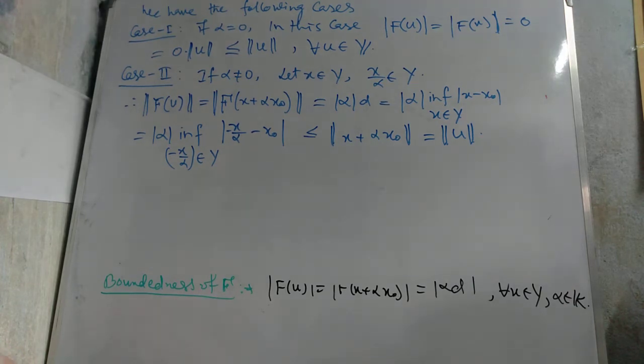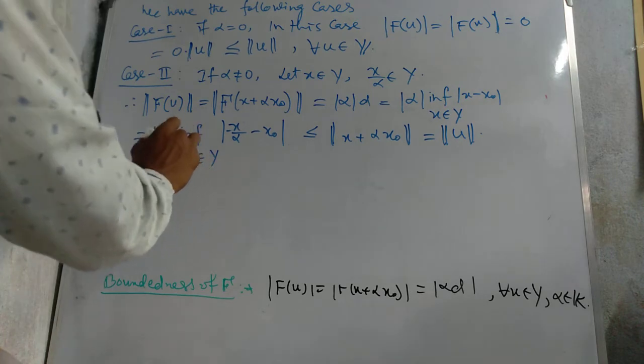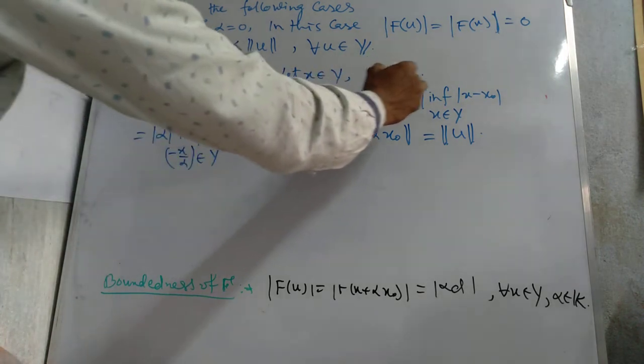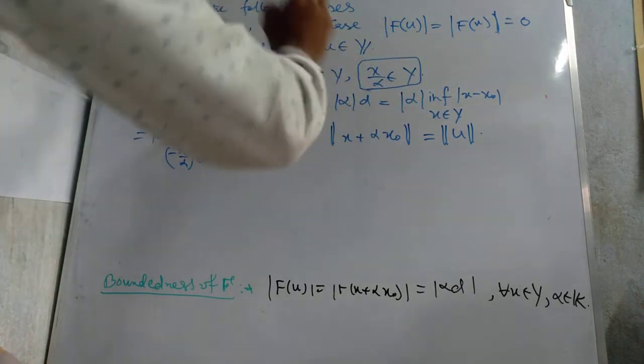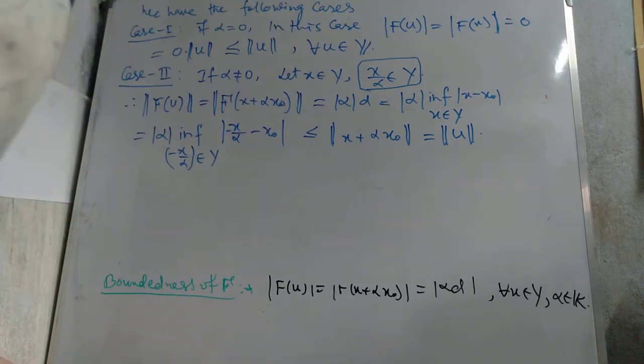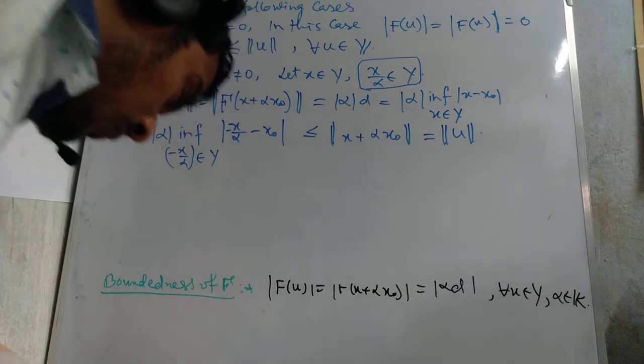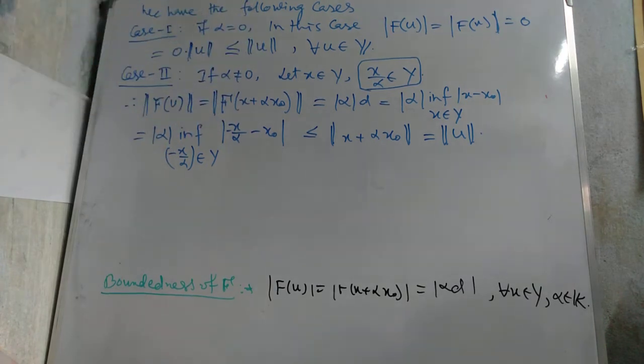In respect to x, we put x multiplied by alpha. Since x belongs to Y, x by alpha belongs to Y, so minus x by alpha obviously belongs to Y. Not any problem in this way.